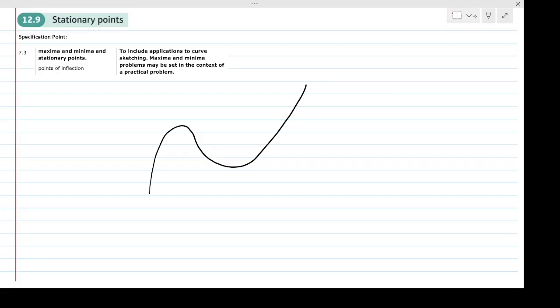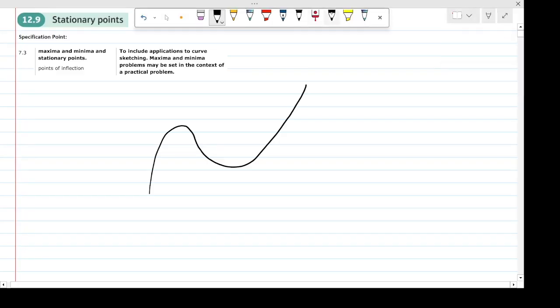And a few videos ago we saw increasing and decreasing functions. Increasing means the curve is going up, and decreasing means where the curve is going down.